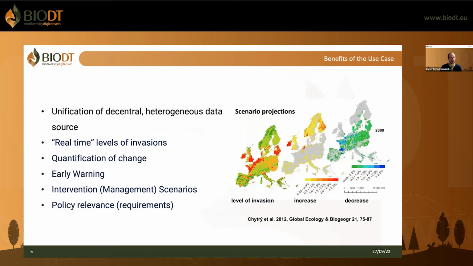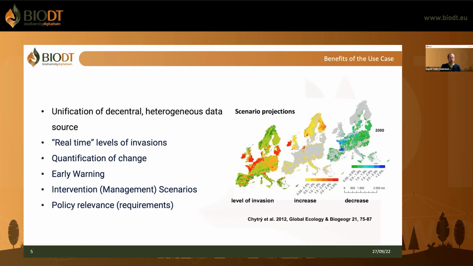Now, the benefits of the digital twin project would be that we would unify the many different decentral, heterogeneous data sources that are there around Europe for this digital twin to get almost real-time information on the different levels of invasions and the dynamics of invasions once new data is entered into these different data sets.